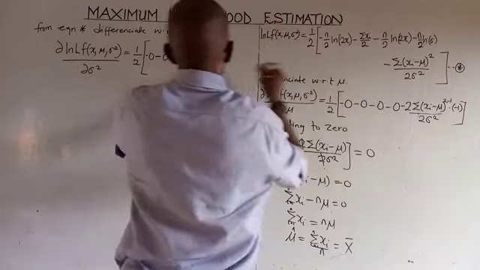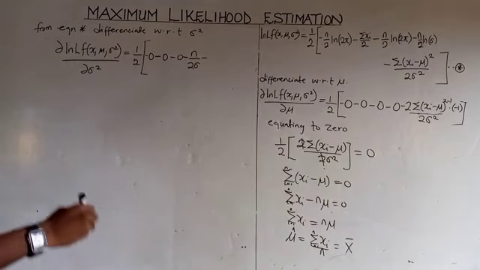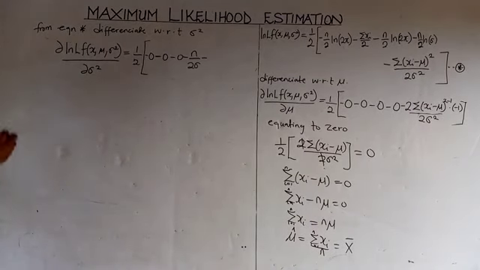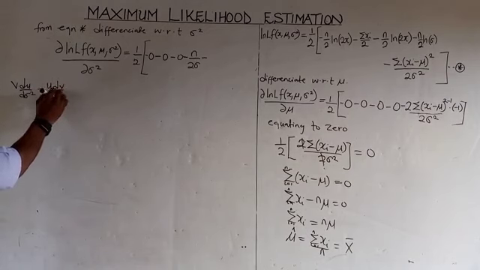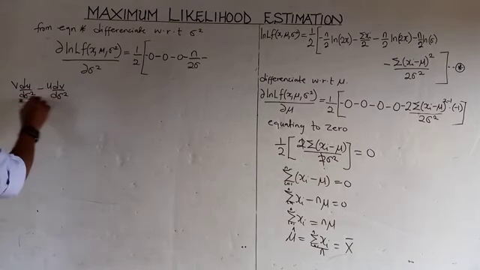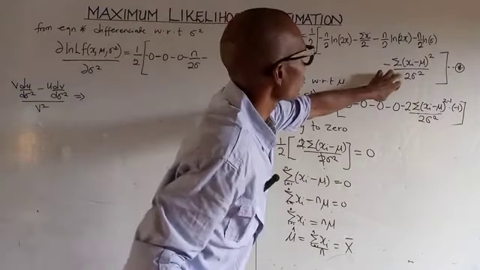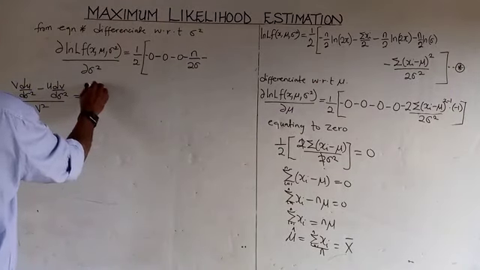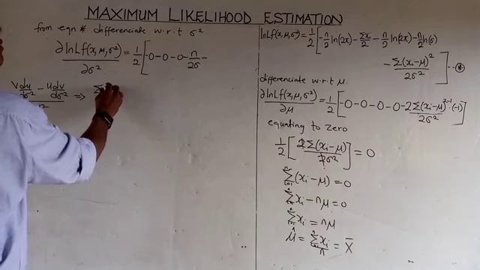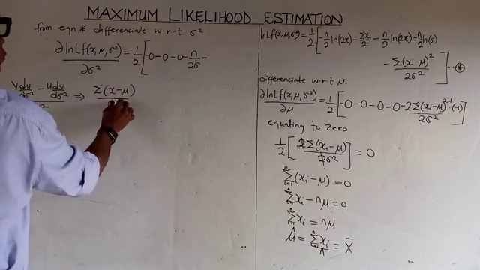If we differentiate this with respect to sigma, for me to differentiate this, we will use what is called the quotient rule in differentiation. The quotient rule states that v du all over d sigma squared minus u dv all over d sigma squared, all over v squared. We want to differentiate this. There is a minus sign already, so we have this as summation of xi minus mean all over 2 sigma squared.